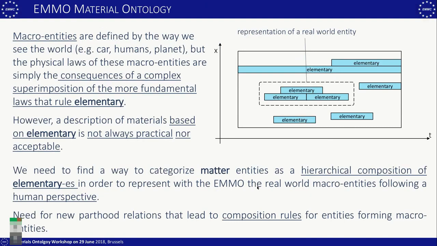Of course, we cannot define materials by defining their elementaries. So we need to find a way to represent the groups of elementaries that build a particular macro object in which we are interested.